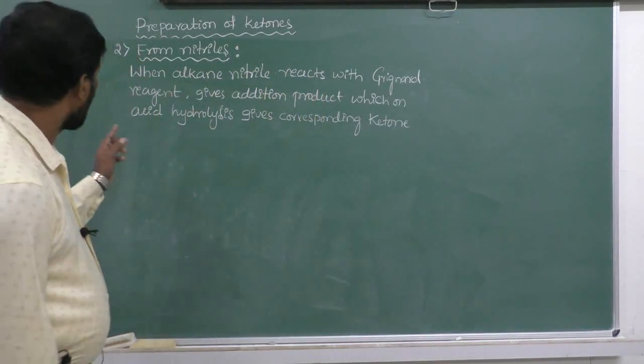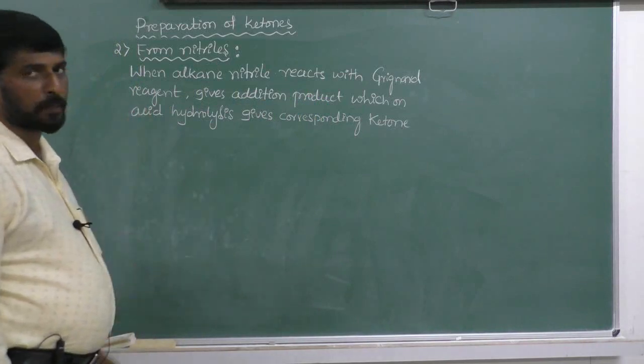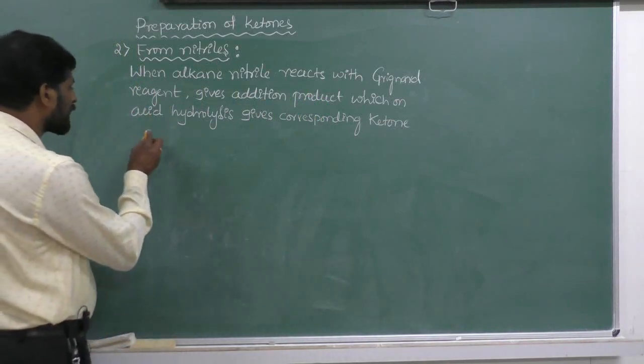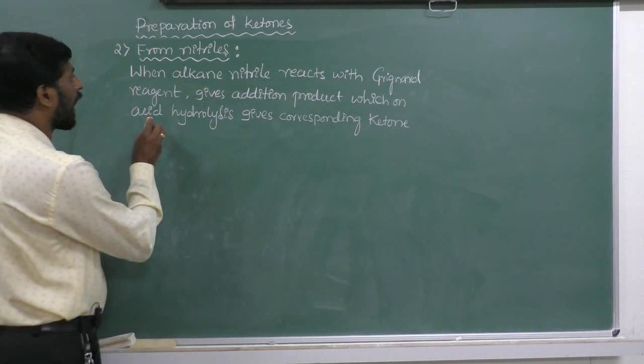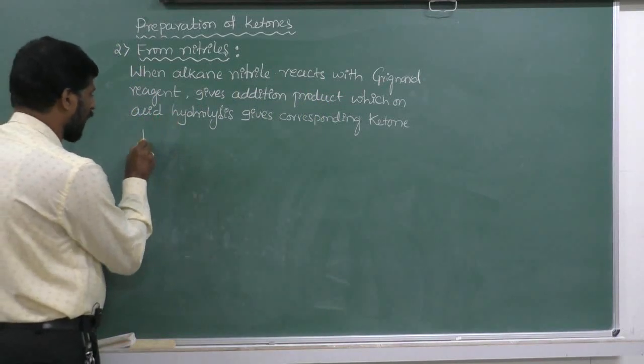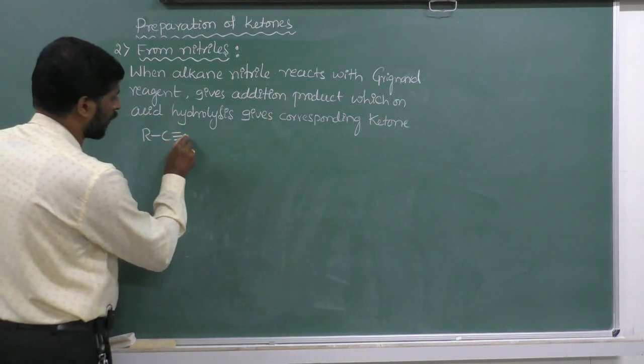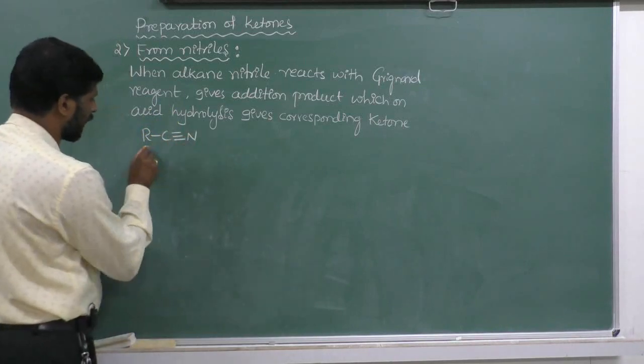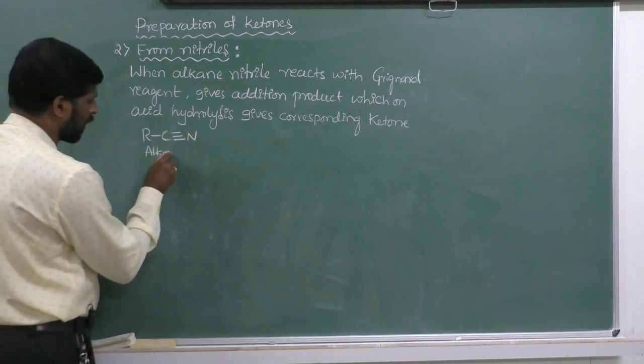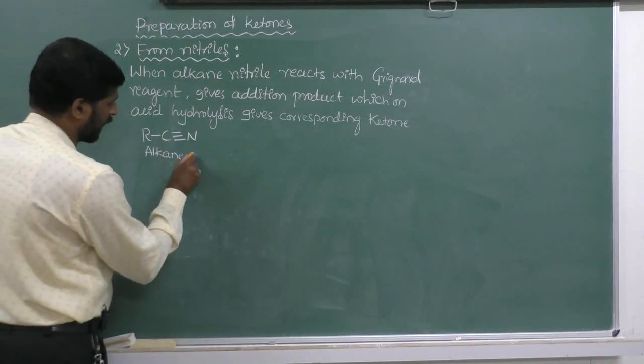Okay, so how does this reaction take place? Now we will see the general reaction. Alkane nitrile, or R-C triple bond N. This is alkane nitrile.